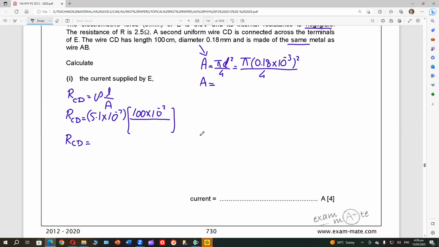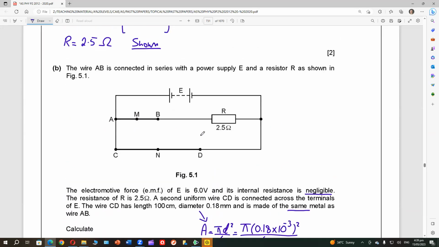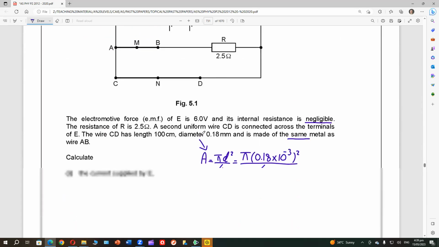It is coming as 20 ohm. Yes, 20 ohm. Good. So there is a resistance of AB and 2.5.